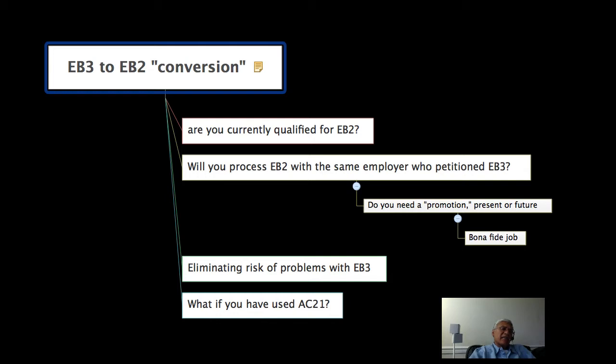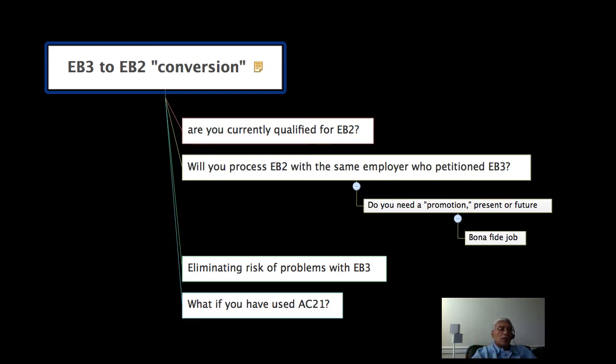What is this idea of EB3 to EB2 conversion? Most of you know that EB3 for countries like India, China are very, very backed up, and EB2s are better. Actually, the rest of the world also, EB2 is much better. So sometimes, even though you have obtained a labor certification, PERM certification, and then you obtained an I-140 approval, or you are on the path to that, you feel like, oh, maybe I should have filed under EB2, or maybe circumstances have changed and now I can file under EB2.